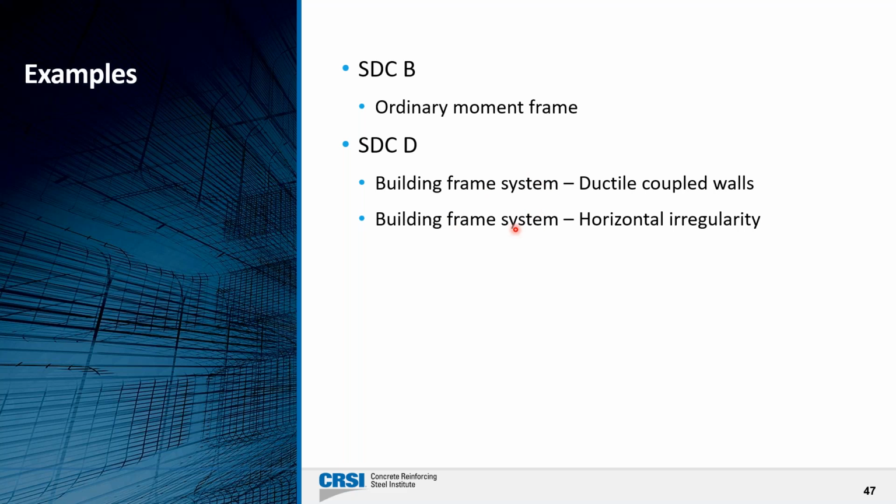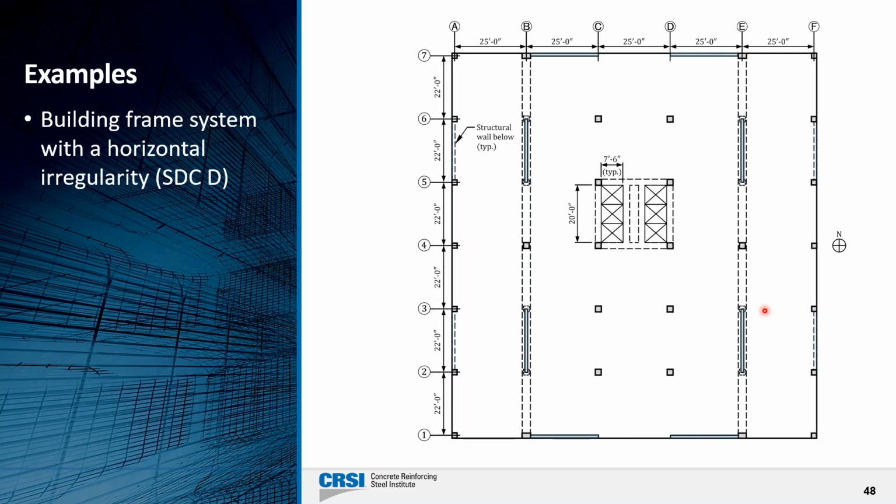Now there's one really interesting one we did for seismic design category D. It's a building frame system with a horizontal irregularity. And this is the floor plan at the elevation where the horizontal irregularity occurs. So you'll note here along lines B and E, structural walls that are coming down from the top of the building.